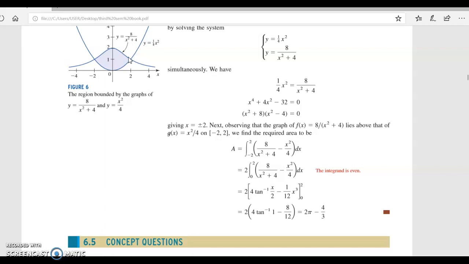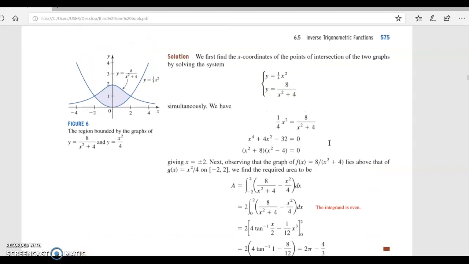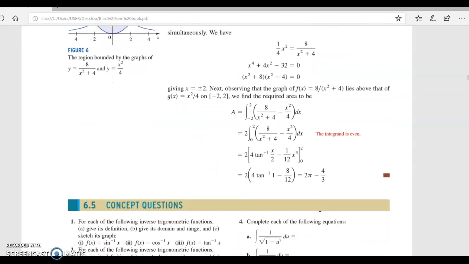That is upper graph minus lower graph over the interval minus 2 to 2. First, evaluate the intersection points. Intersection points means where the graphs are equal, so simplify that. It becomes x equal to plus or minus 2.